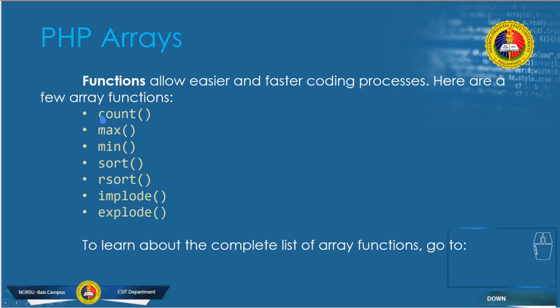But for example, count will count how many values are inside an array. In reality, we would need to write a lot of code for that. However, using functions, all we need to do is use the word count and it will automatically count the values inside an array.